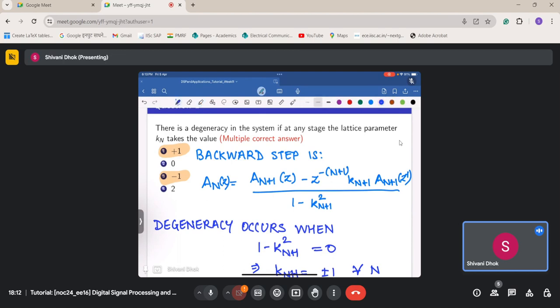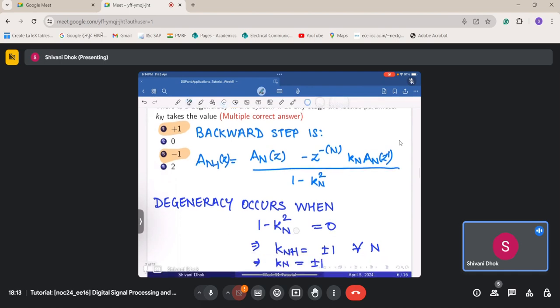Okay, so just to avoid any confusion, there is kn and here we are having kn plus 1, I'll just do the small change here, here also.